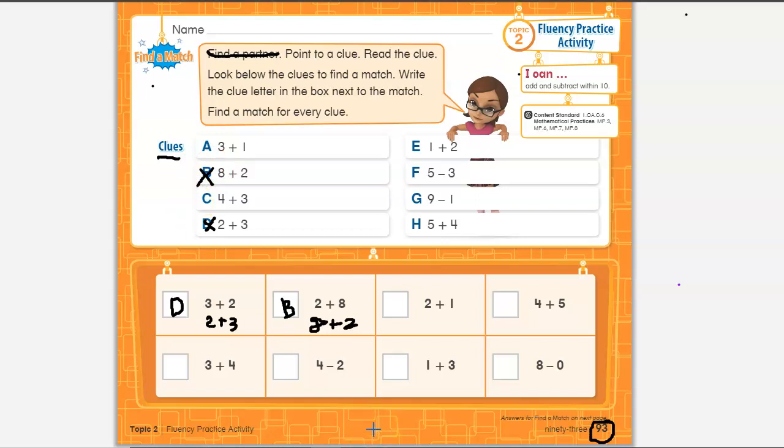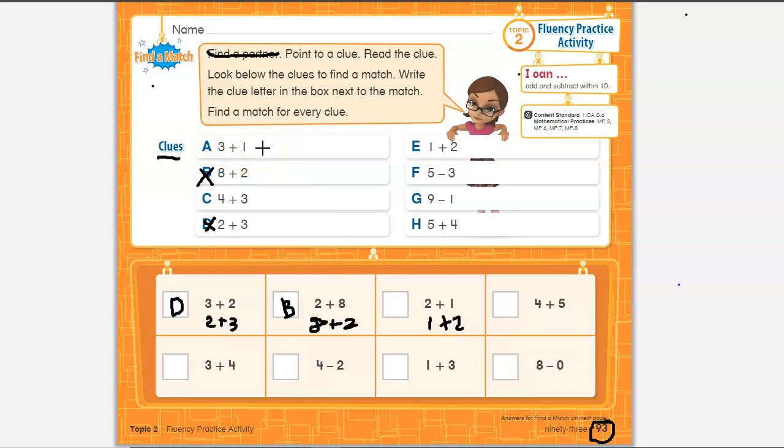If I have 2 plus 1, and I'm going to use the add-ins trick, I can say 1 plus 2. And let's look for that equation up here. See if we can find the clues.